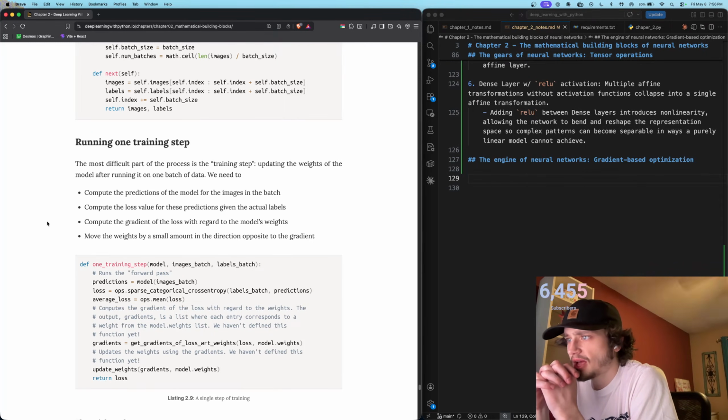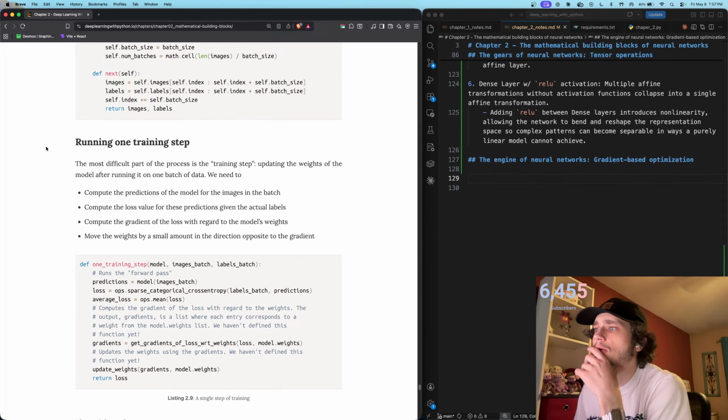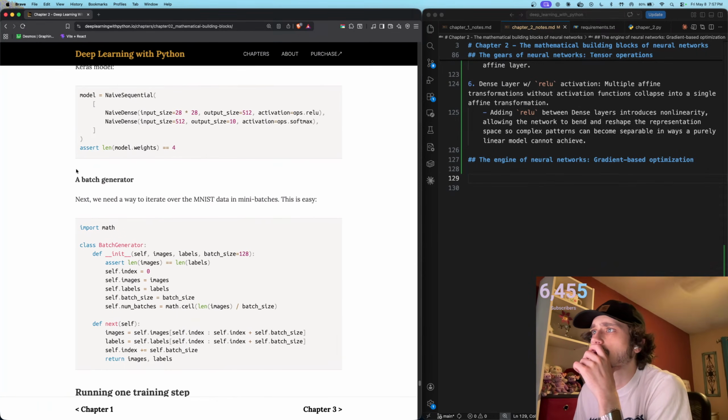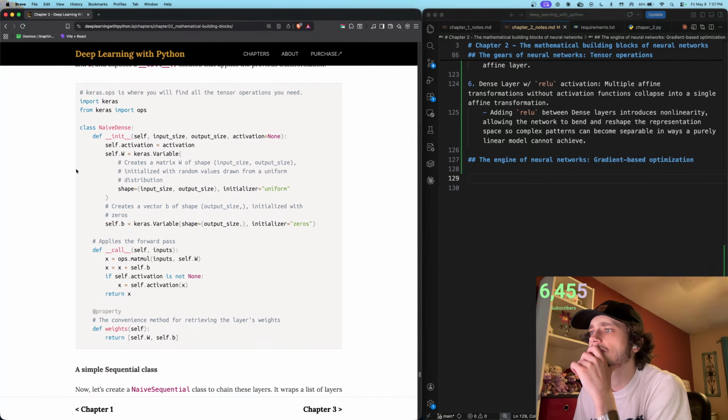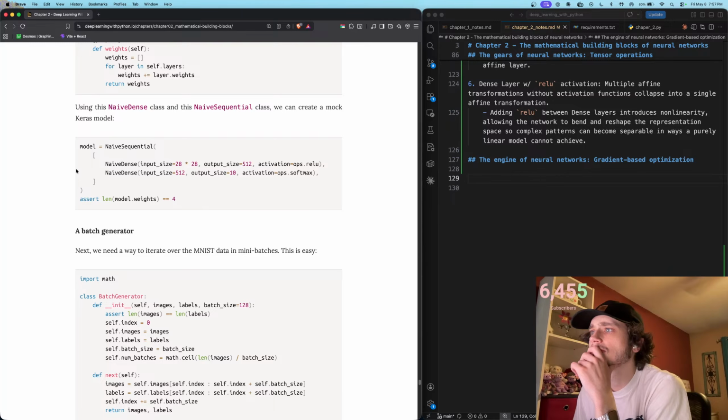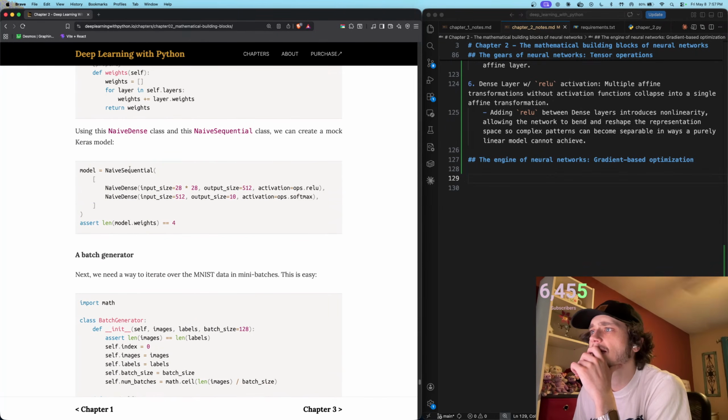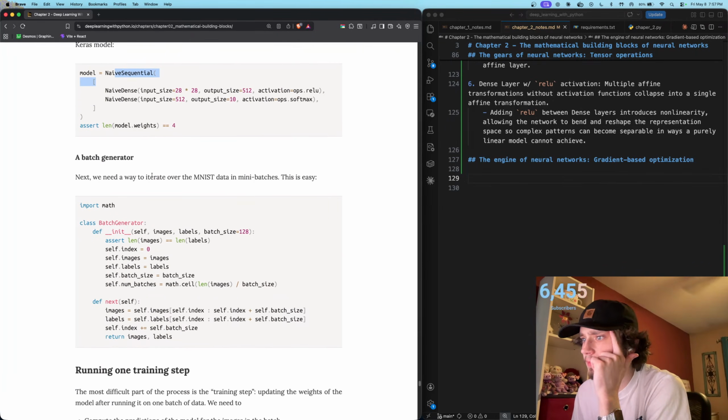So one training step, given a model, images batch, and labels batch, we run the forward pass. We call model on images batch, which returns back our predictions. Our model is a naive sequential model, right?